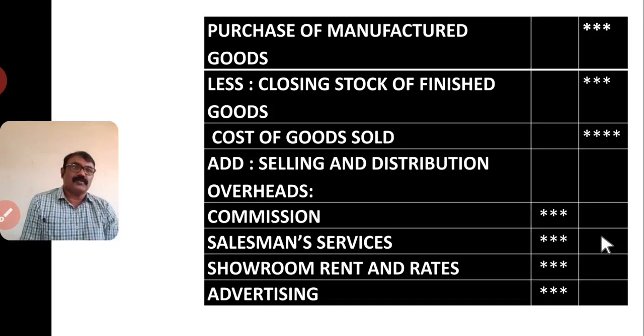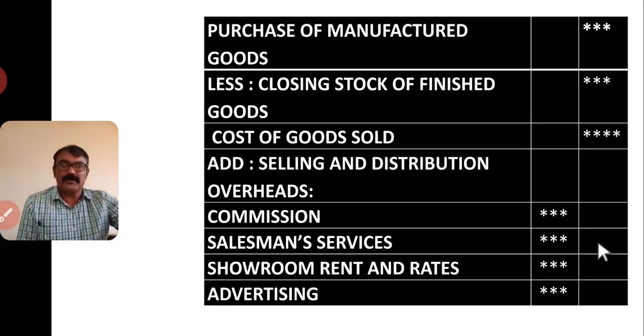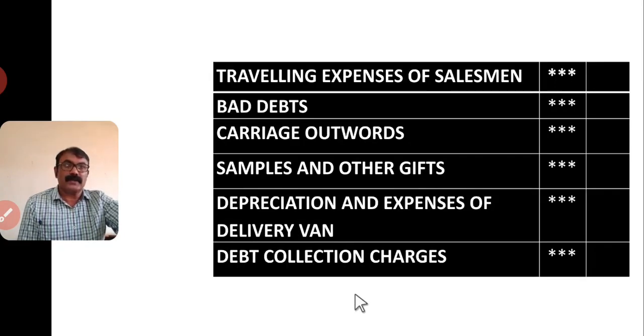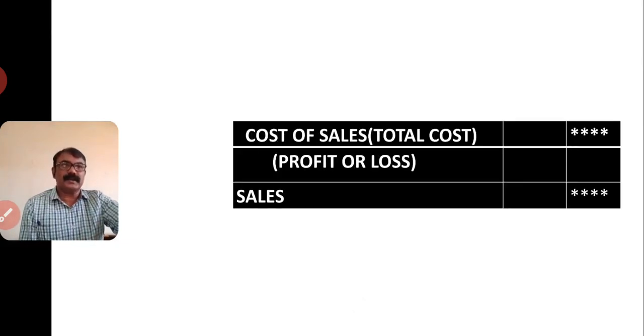To the cost of goods sold, we add selling and distribution overhead. Under this head, so many items will come that you please observe here: commission, salesman salary, showroom rent and rates, advertising, traveling expense of salesman, bad debts, carriage outwards, samples and other gifts, depreciation and expenses of delivery van, and debt charges.